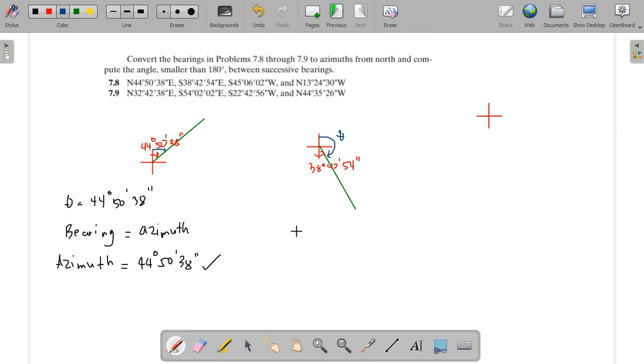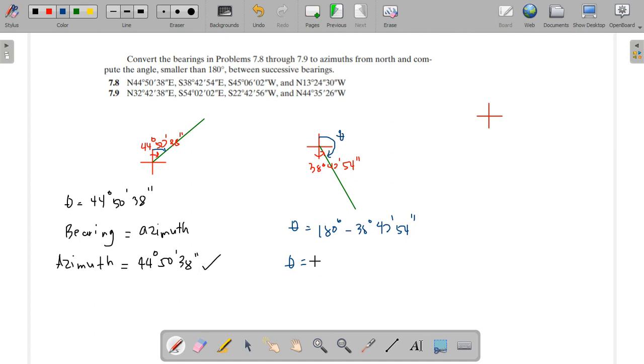Okay. So theta now is equal to 180 degrees less 38 degrees, 42 minutes, and then 54 seconds. So theta is equals to 180 degrees less 38 degrees, 42 minutes, 54 seconds.